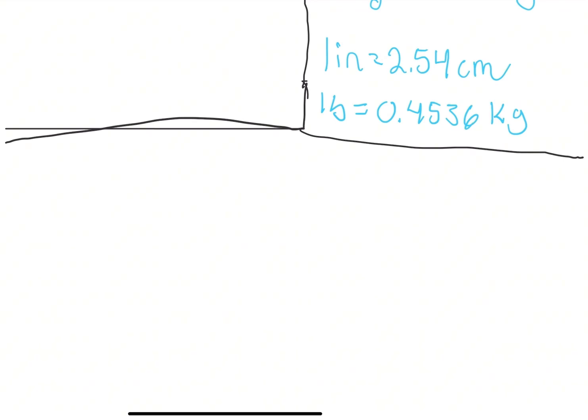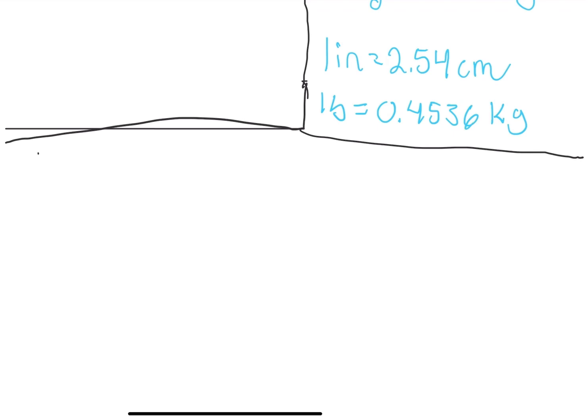And the first thing we need to do is convert our pounds into grams so that it can be compatible with the actual problem.